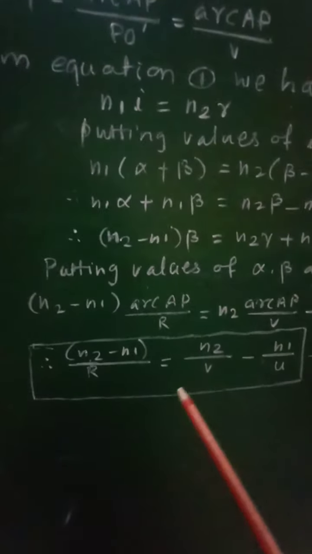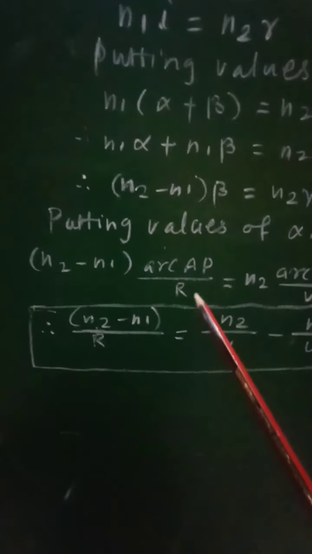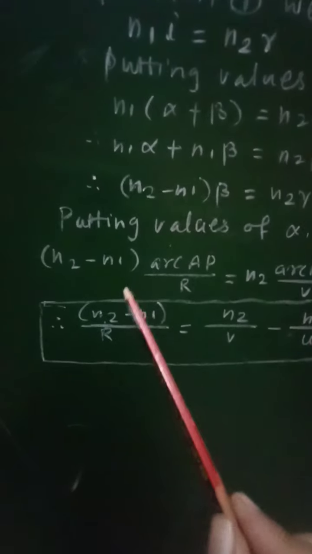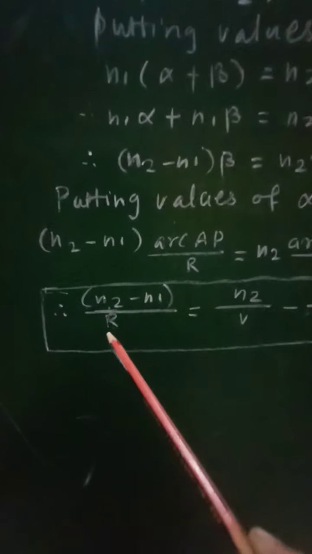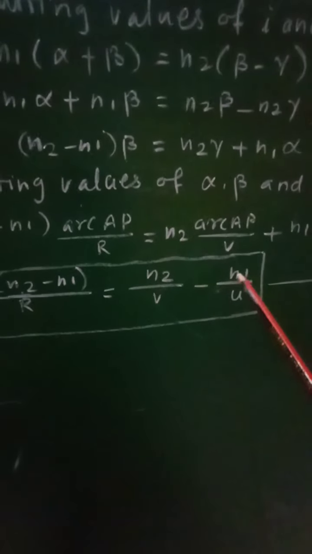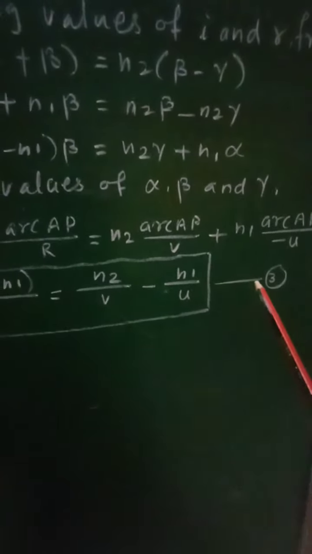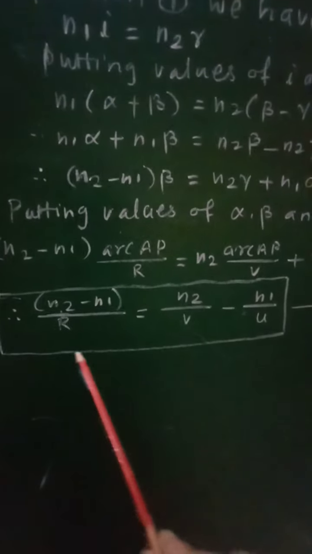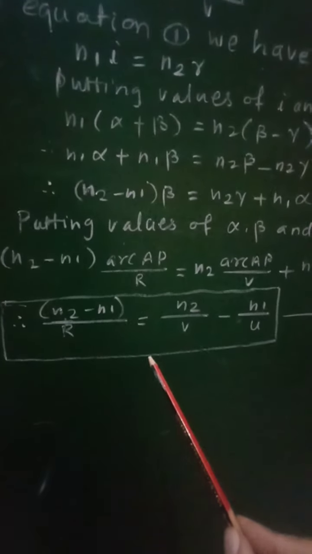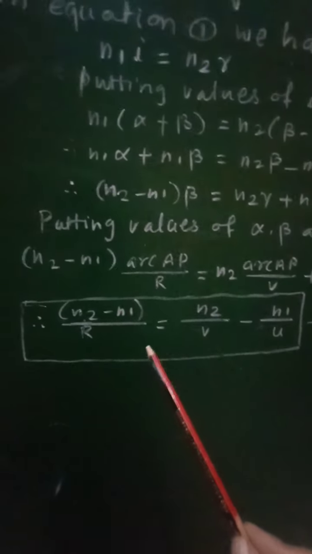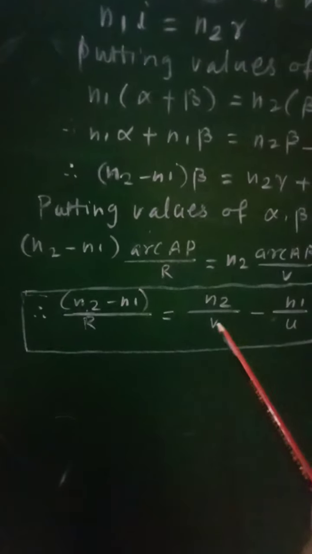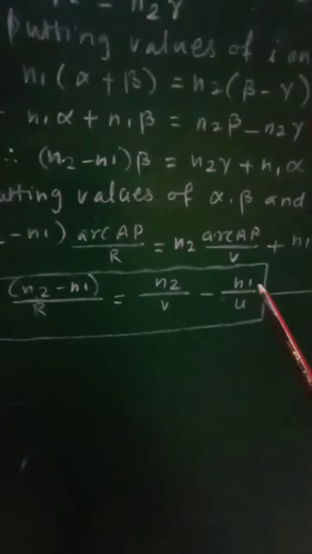If you simplify, arc AP gets cancelled from each term, and therefore we get (n2 minus n1) upon R equal to n2 upon v minus n1 upon u, equation number 3. This equation is used to explain refraction at a single spherical surface.